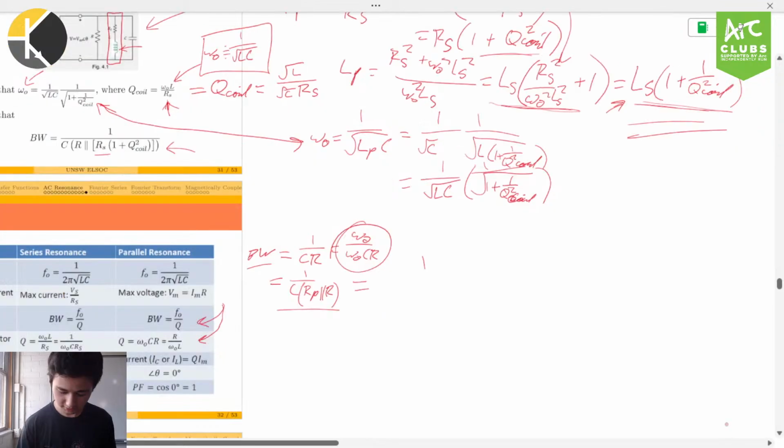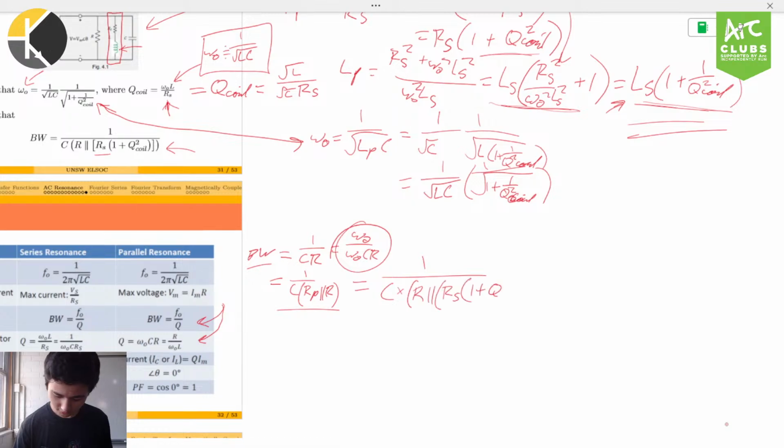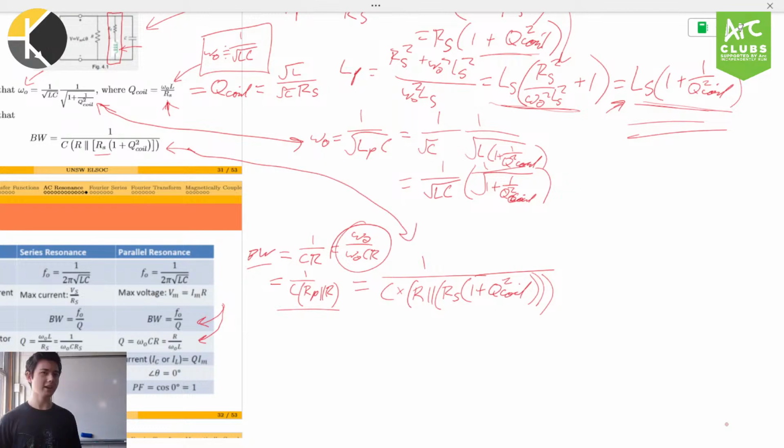So we just write it down: 1 over C times R parallel to RS times 1 plus Q coil squared. Bam. And that is identical to what we had been asked to show.